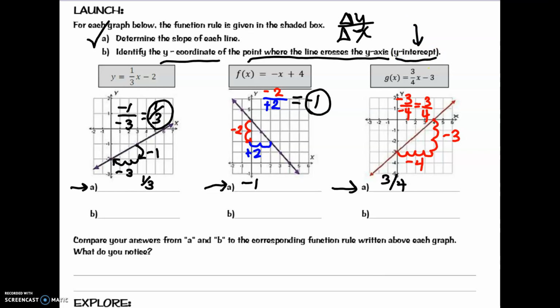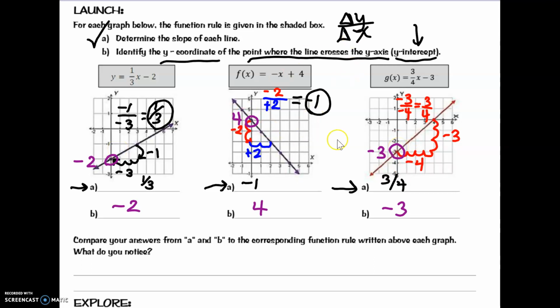So look at each line and see what value it crosses the y-axis. Pause the video, push play when you're ready to check. So now that you have identified the y-intercept, you'll notice that the first one hits at where y is -2, the second one hits at where y is 4, and the third one hits at where y is -3.